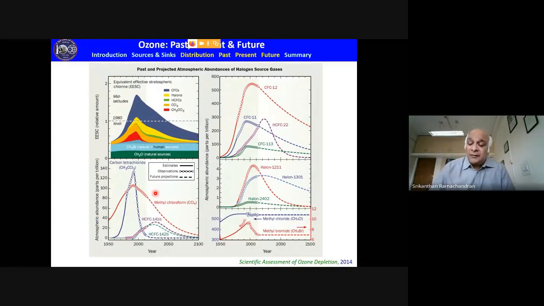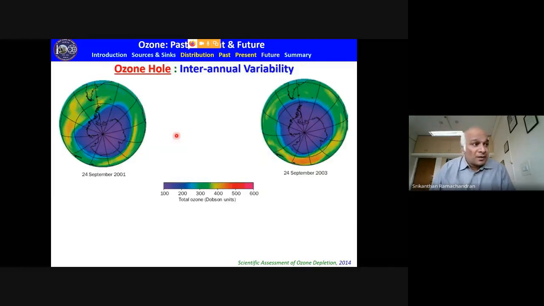So when we say we have stopped inputting these into the atmosphere, whether we will see changes tomorrow or in the coming few years, the answer is no, because it takes quite a few years; they have residence times on the order of about 65 to 100 years.